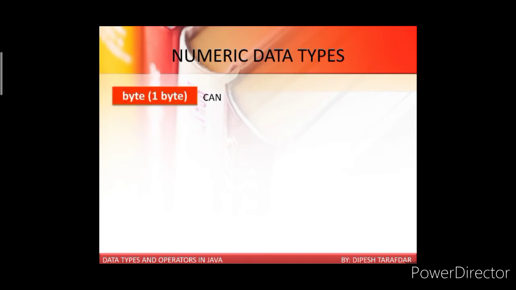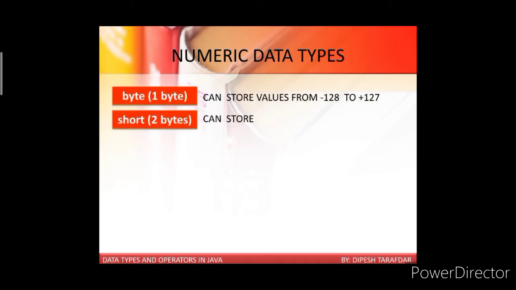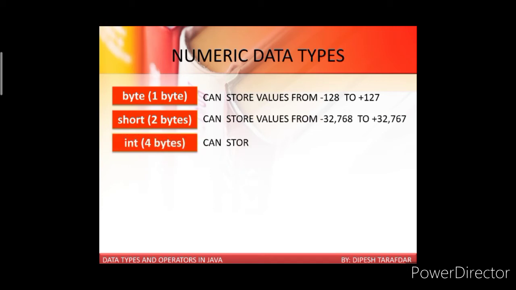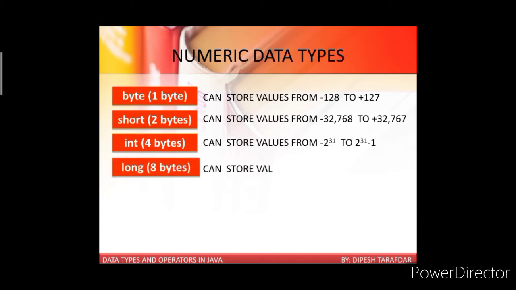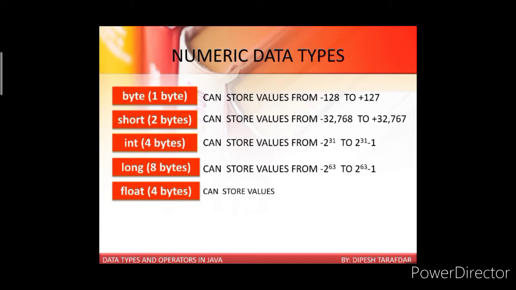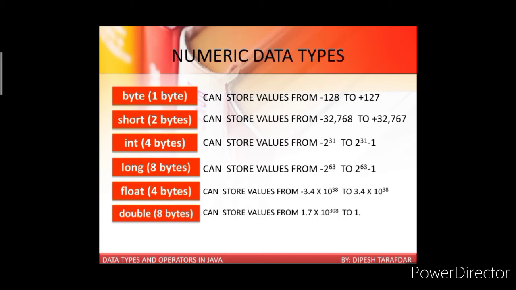Moving on, we will see the different numeric data types and the range of values they can store. First is byte, which occupies 1 byte of memory and can store values from -128 to 127. If you require a bigger range of values, then you can go for short, which will occupy 2 bytes of memory and provide you with the option of storing values from -32,768 to 32,767.